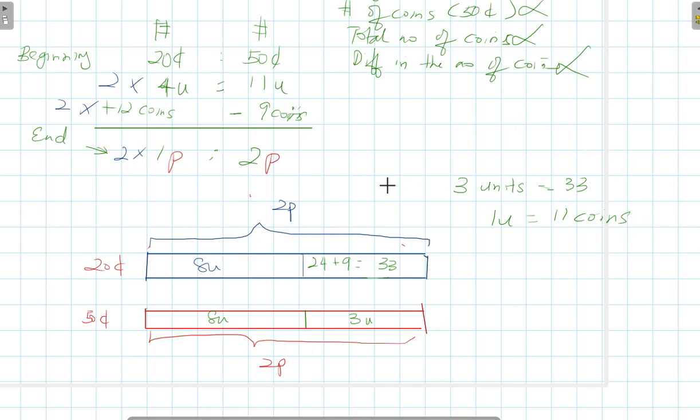Correct? Then, as usual, I'm asking for the money in the end. What is the money in the end? For the 20 cent coin, 4 units add 12 equals 1 part, because what I have left in the end is actually 1 part.